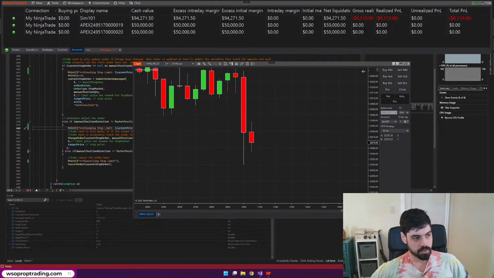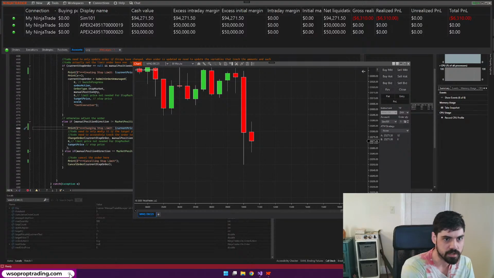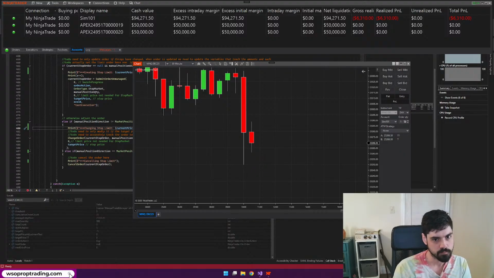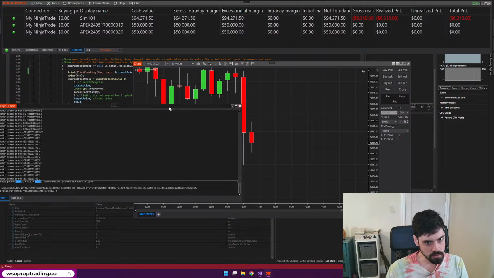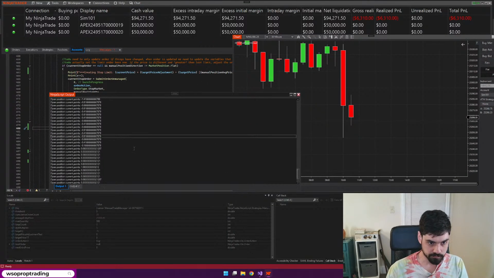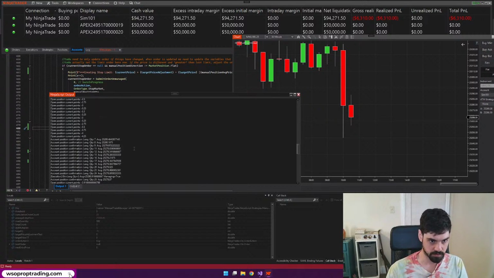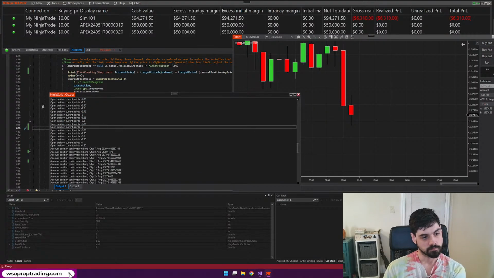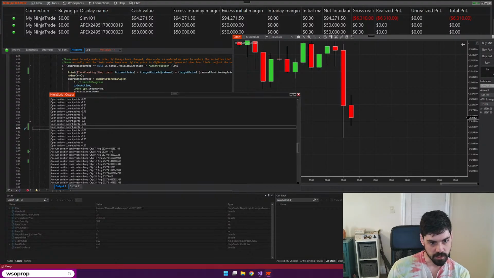Alright, so I think what's happening is we're going to need to do our math to make our current open position actually match the points. I'm going to bring the log back onto the screen here real quick. What we can see here, and what I think is maybe causing this issue, is we enter, we see it go down, those limits are getting hit. I should put print statements in there.